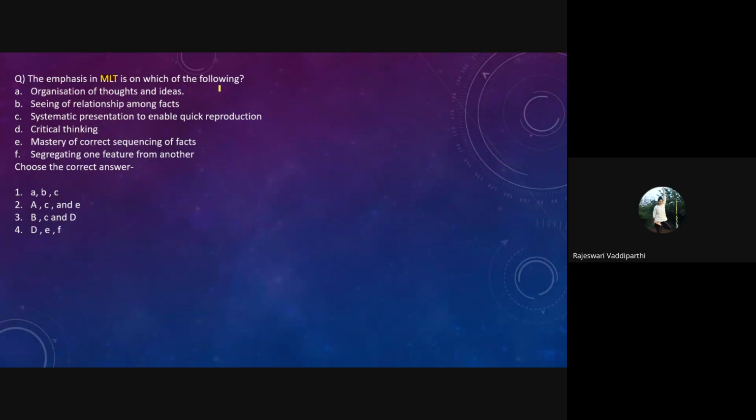A, C. Solve this question by elimination method. Pick out the options that must be in the answer.